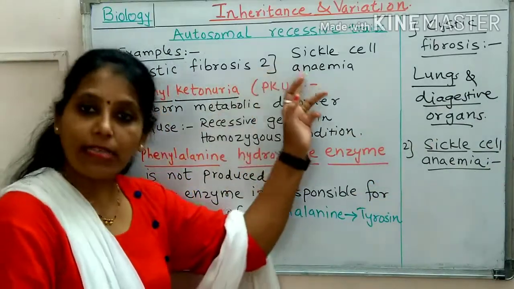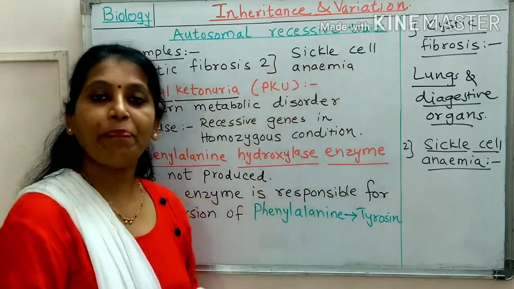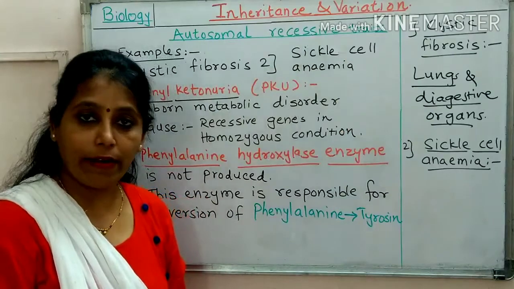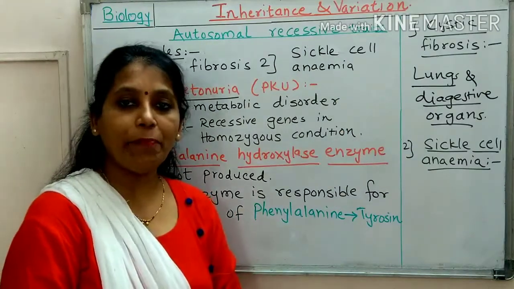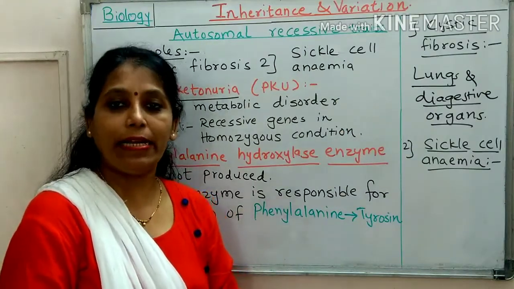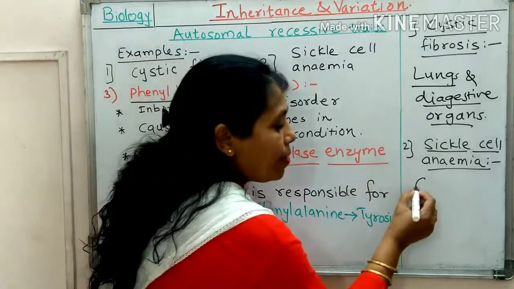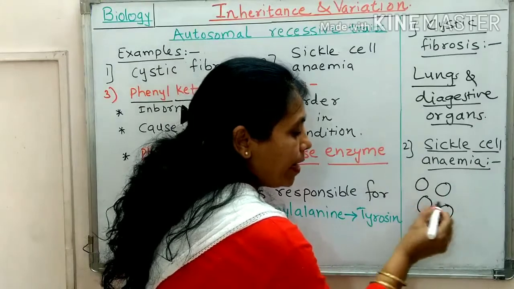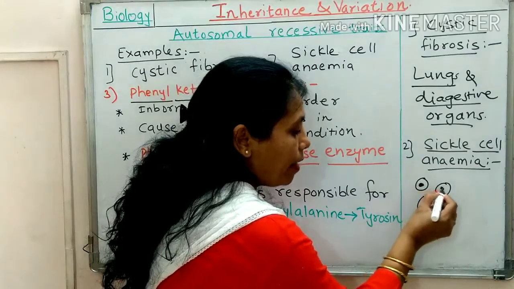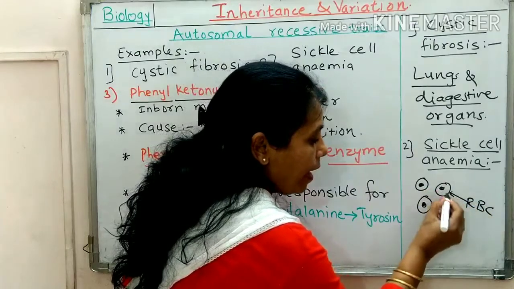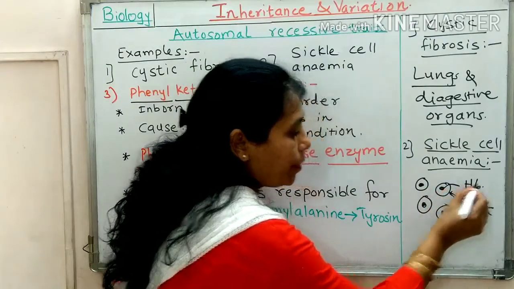Now come to sickle cell anemia. We have heard about anemia, right? In case of anemia, the hemoglobin percentage is reduced. We know that this hemoglobin is present inside the RBC. Suppose this is RBC and this is hemoglobin.